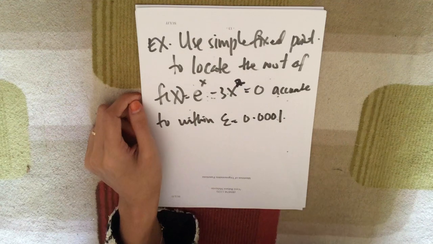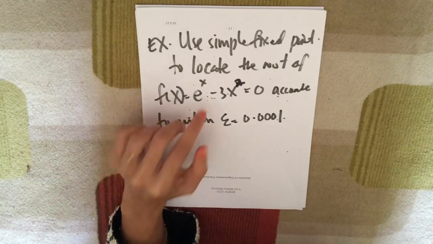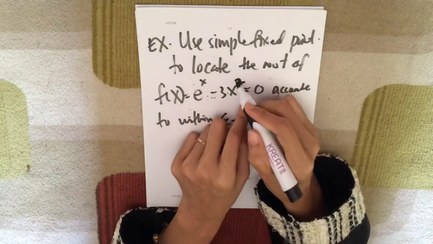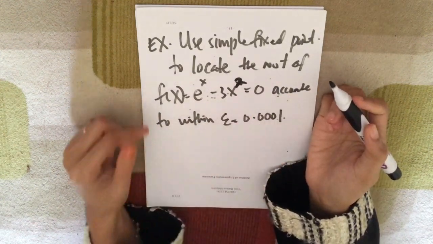Okay, use simple fixed point to locate the root of f(x), which is e to the power of x minus 3x squared equal to 0, accurate to within the error.